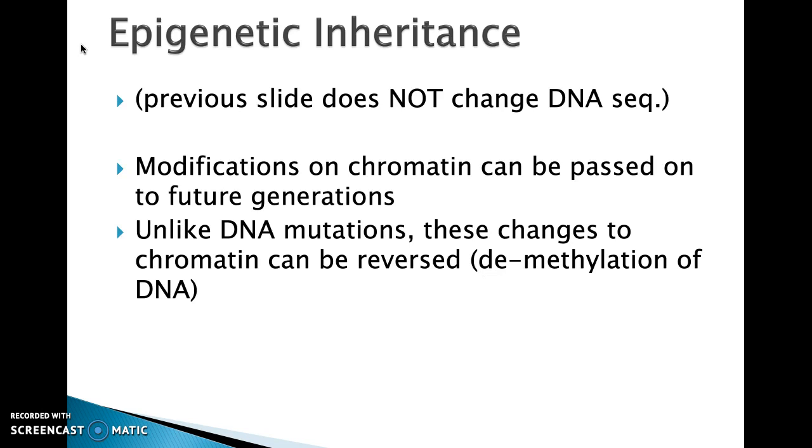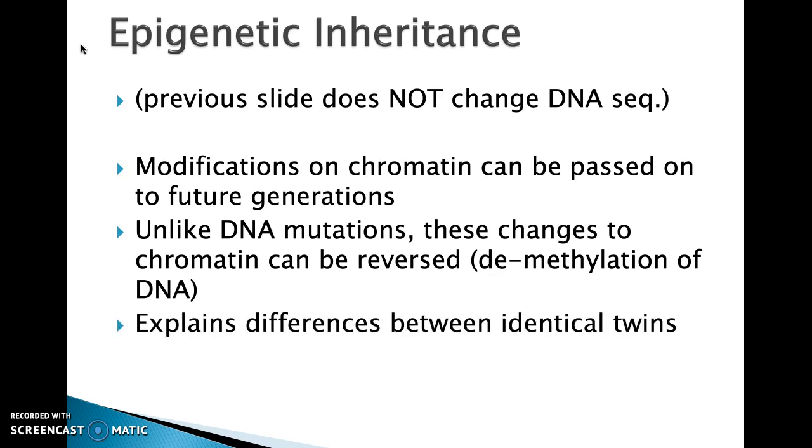So demethylation of DNA is possible, and this often explains the differences between identical twins. As we read about the Holocaust survivors and their children, the methylation often, because it's passed on, we may see it in future generations.